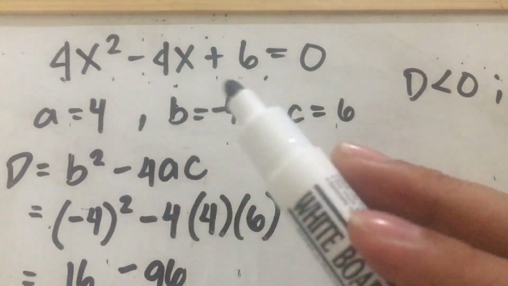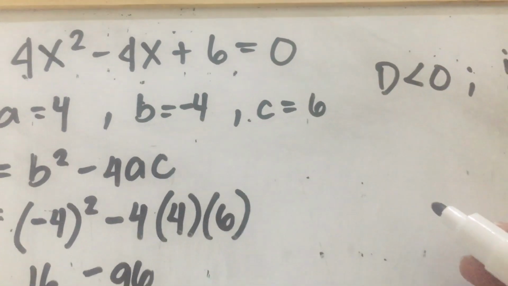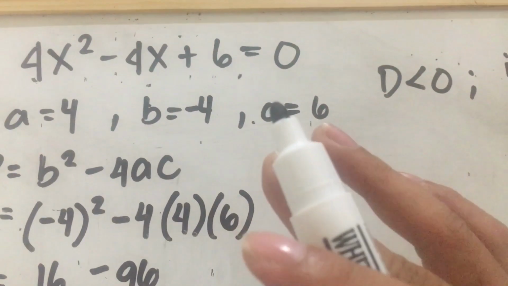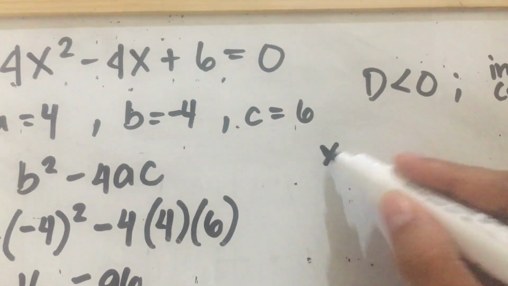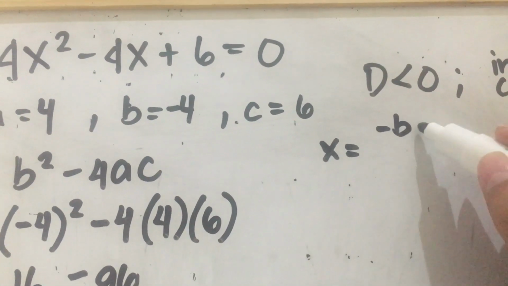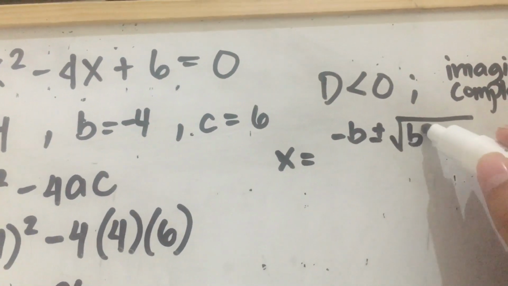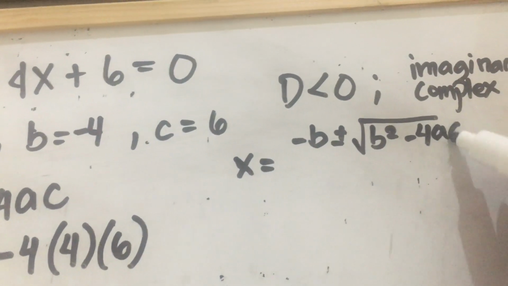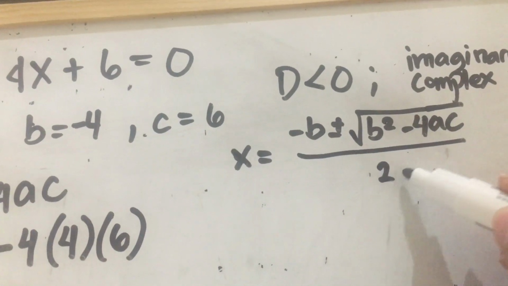Now, how can I solve for the roots of 4x squared minus 4x plus 6 equals 0? What will I use? I will use the quadratic formula. If you can still recall, the quadratic formula is x equals negative b, positive or negative, the square root of b squared minus 4ac, over 2a.